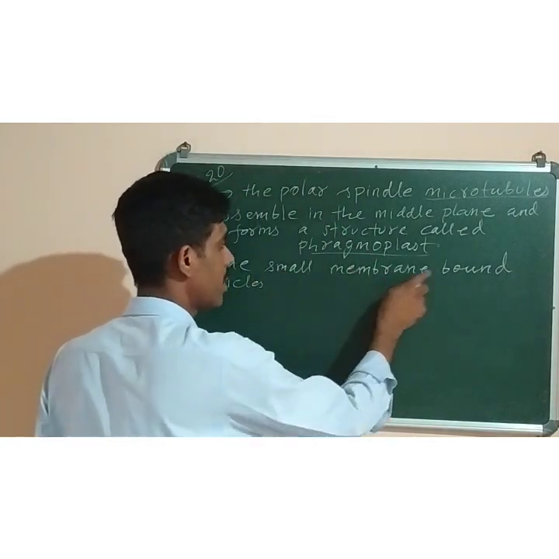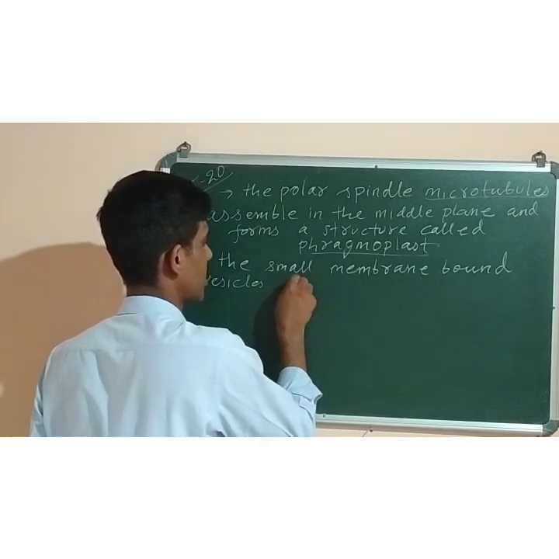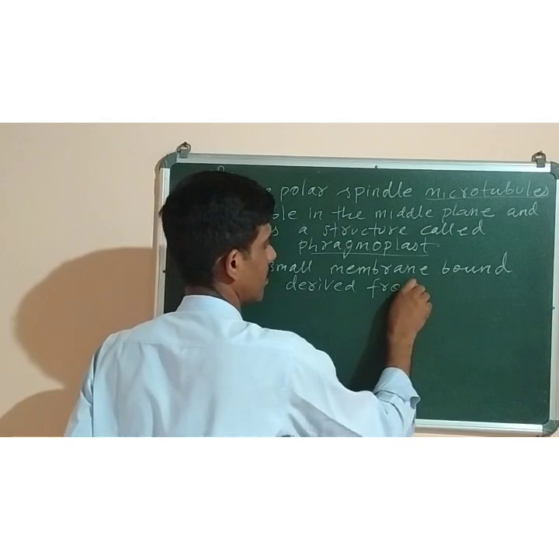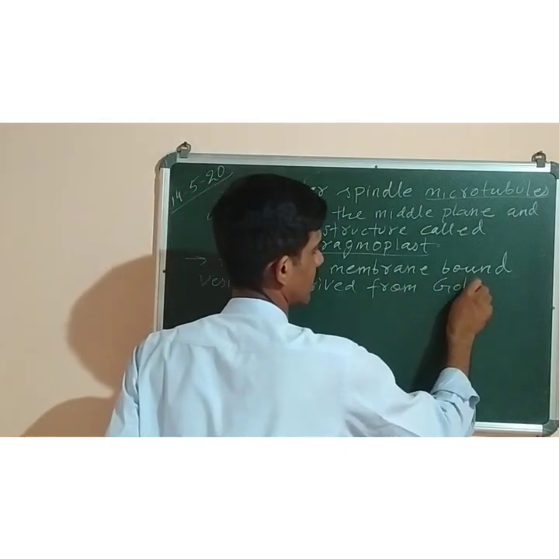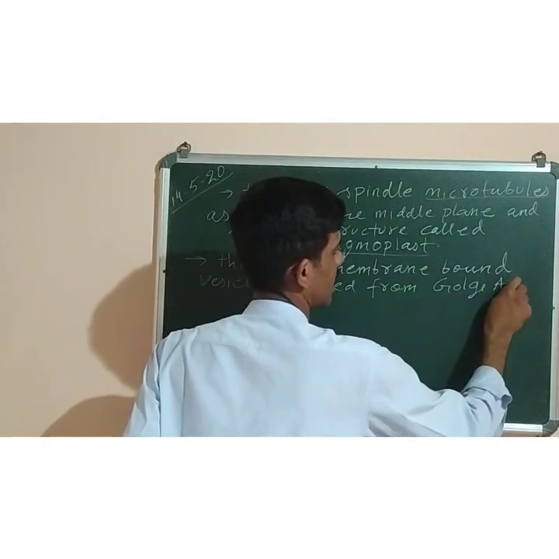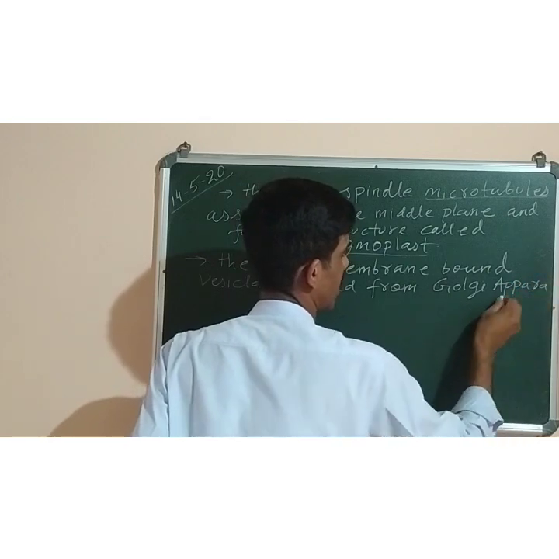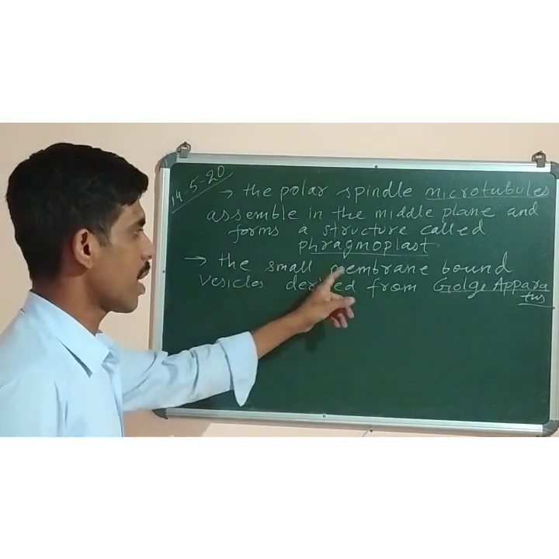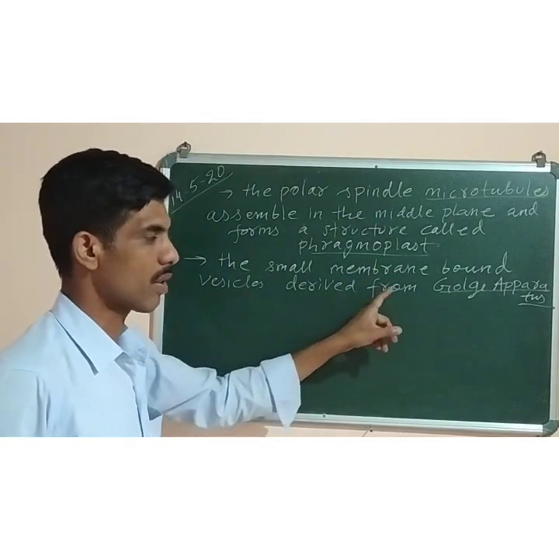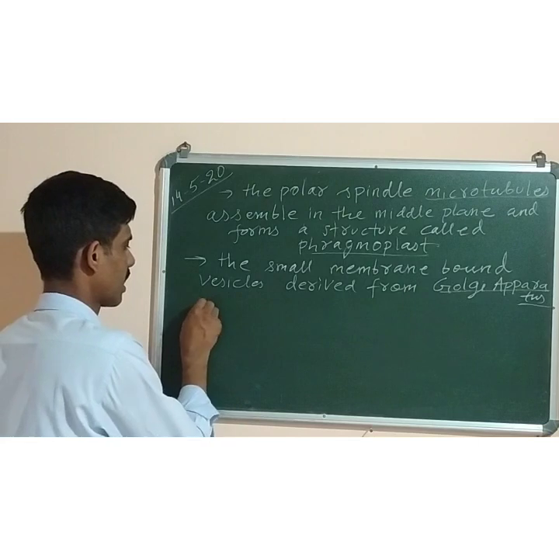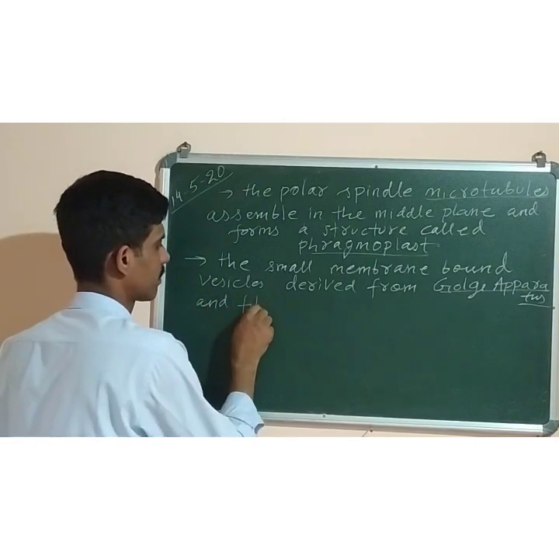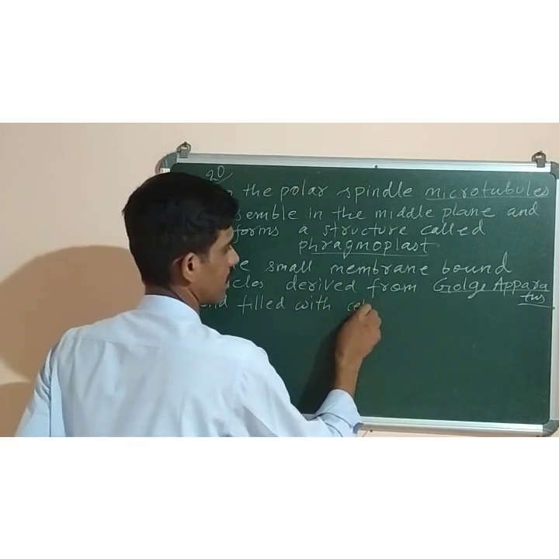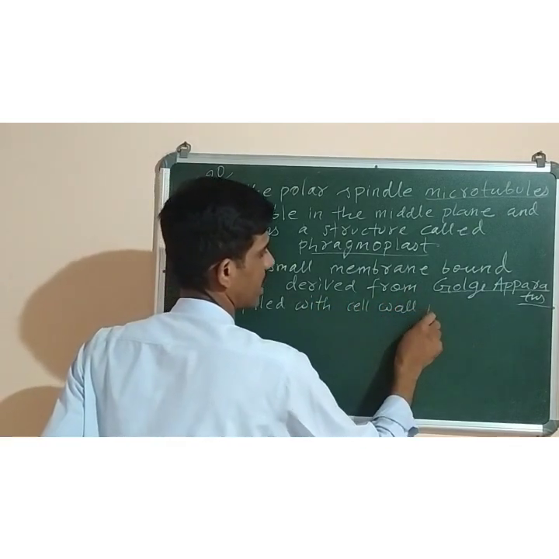That small membrane bound vesicles derived means they are obtained from Golgi apparatus. Golgi apparatus, what is that? It is the name of a cell organelle. Okay. The small membrane-bound vesicles derived from Golgi apparatus and filled with cell wall precursors.